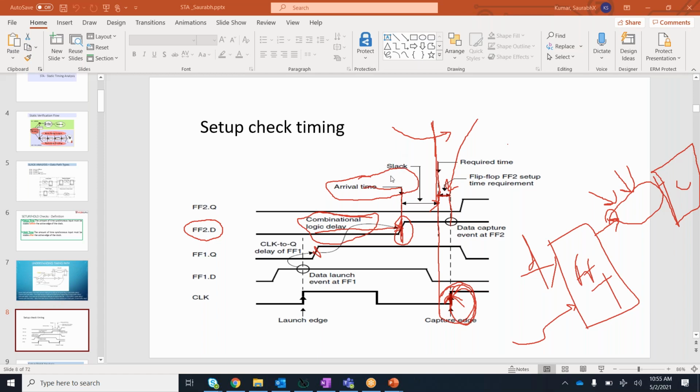What is slack? Slack is nothing but required time minus arrival time.